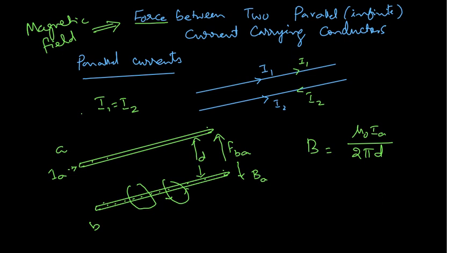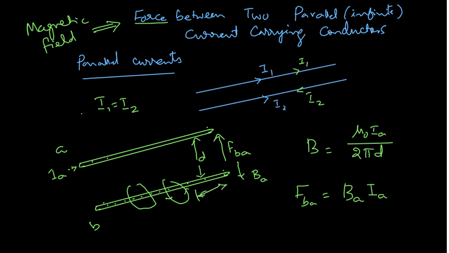So in this case, the force FBA is equal to BA, which is the one causing it, multiplied by the length, and the current going is IB. The force on the segment of length L of B due to A. So we are considering only one part of this segment, for example, this part of the length.